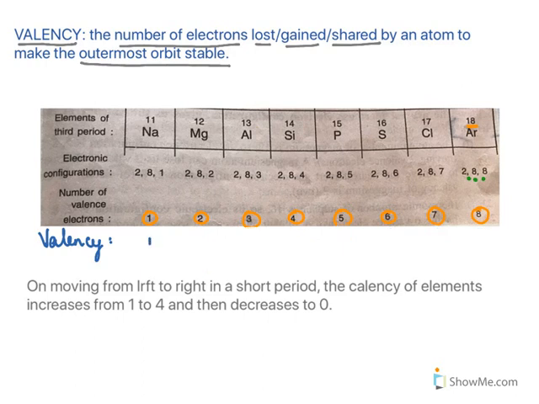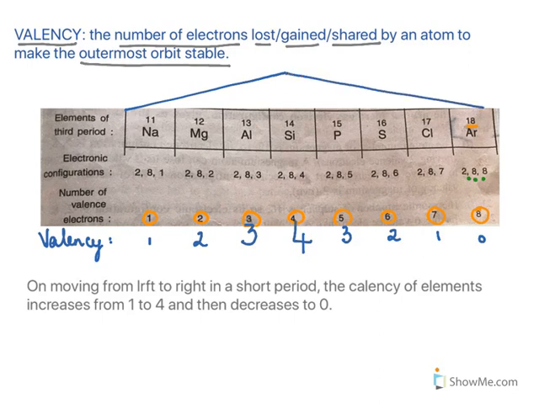So if you notice the trend of the valency, it is 1, then it becomes a little more, 2, then it becomes 3, then it becomes 4, and then starts decreasing now. 3, 2, 1, 0. So it first increases from sodium to silicon, and then the valency decreases.